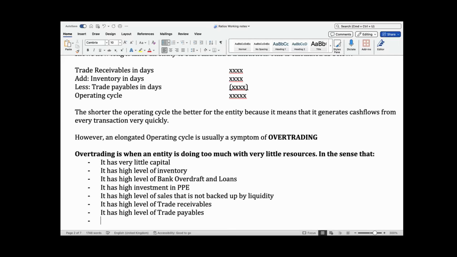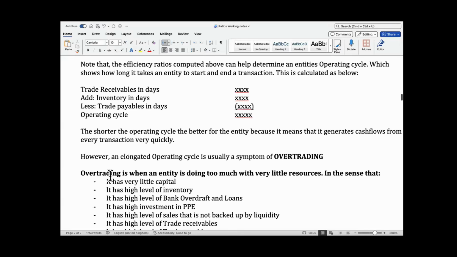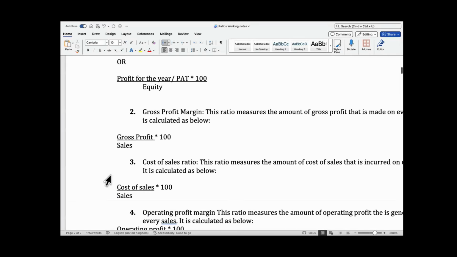You have high level of trade payables. And here, of course, the only thing it has low of is cash. Its cash position is negative. So all these are symptoms of overtrading.